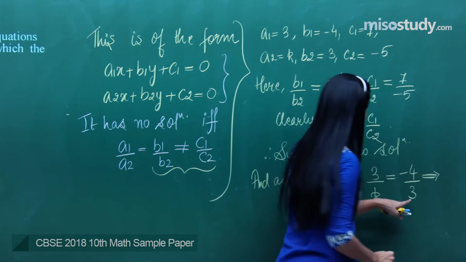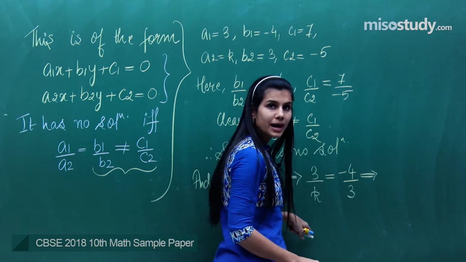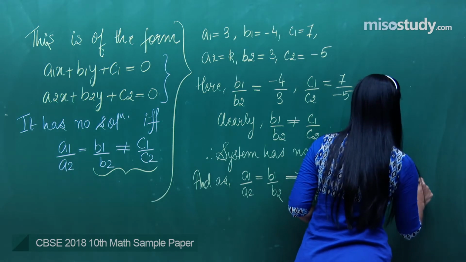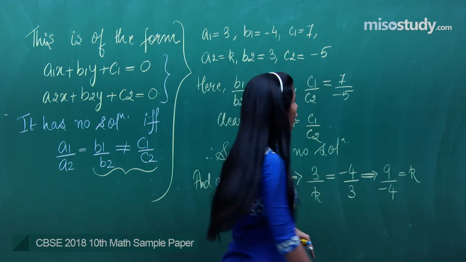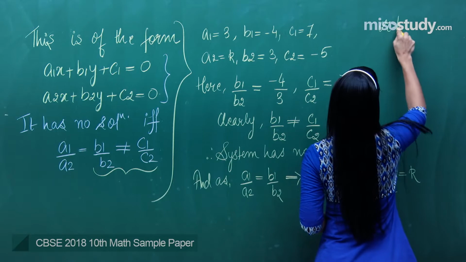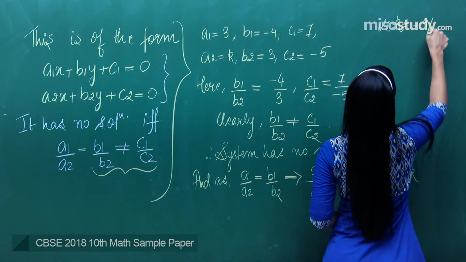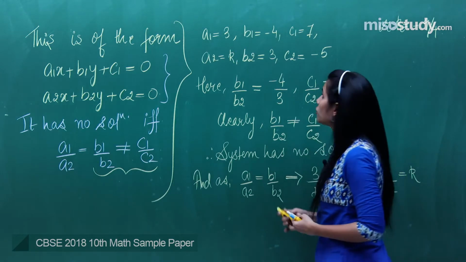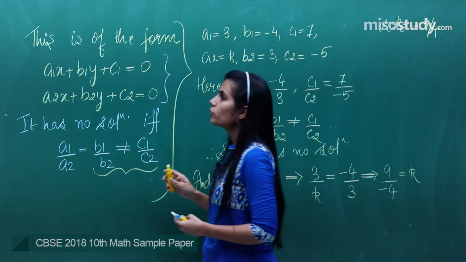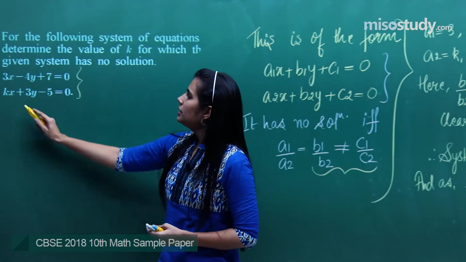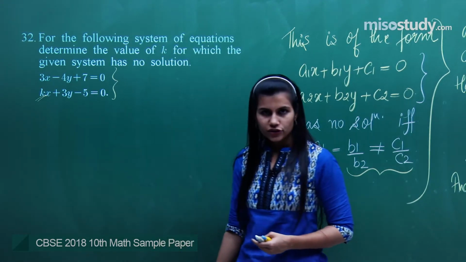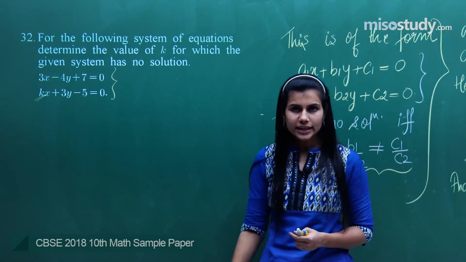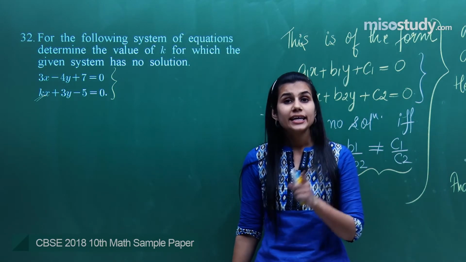And this implies you get 9 divided by minus 4 is your k, or I can say my k is minus 9 by 4, such that when this k is incorporated in this second equation, I get a system of simultaneous two linear equations which is inconsistent.